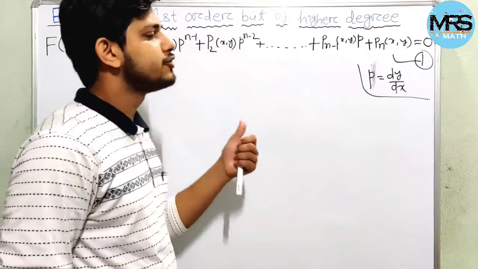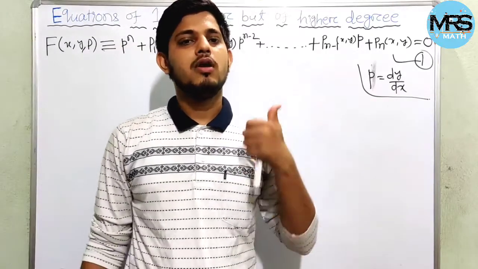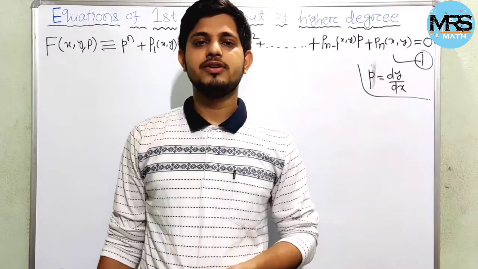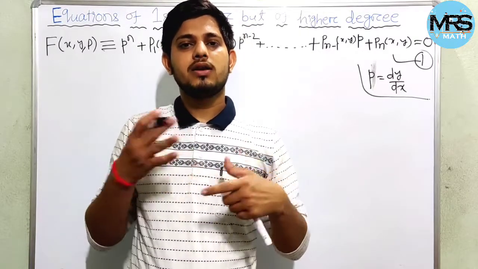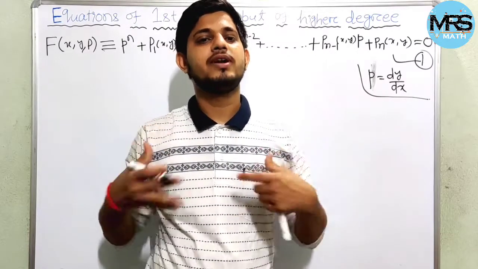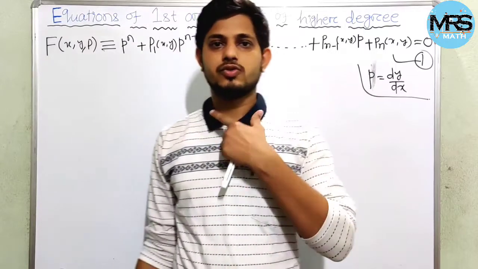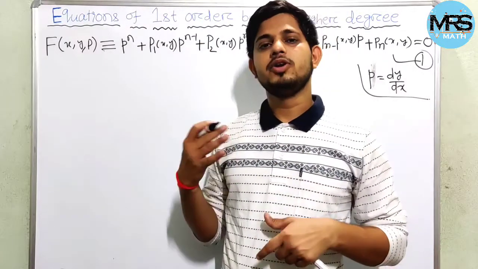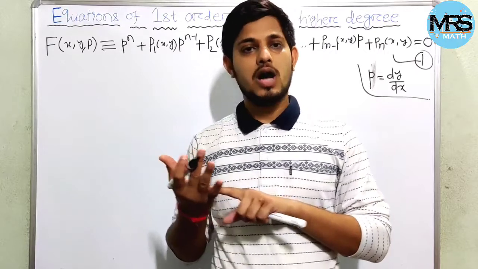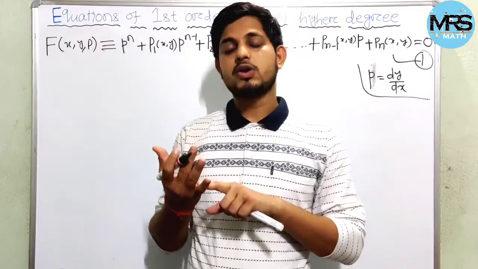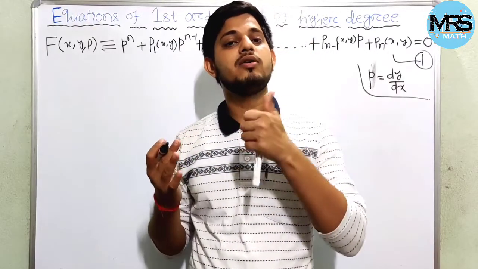There is no particular method to solve first order and higher degree differential equations, so they are categorized into different types. The first one I will discuss today is equations solvable for p.